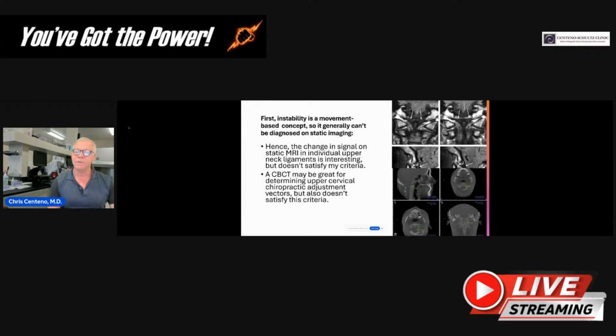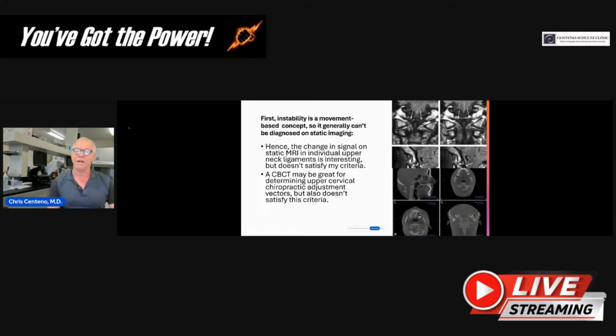So first, instability is a movement-based concept. So it generally can't be diagnosed on static imaging, hence the change in signal on static MRI in individual upper neck ligaments like transverse, alar is all interesting. And it certainly may help me decide to treat one structure over another, but it doesn't tick the box of qualifying somebody with craniocervical instability.